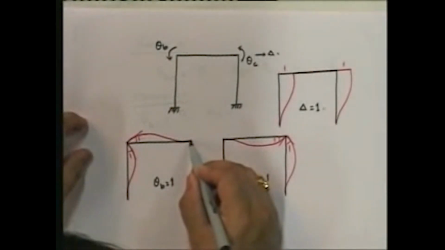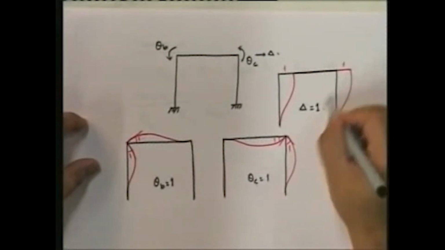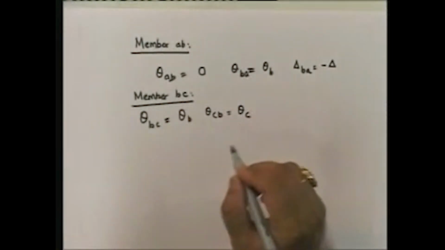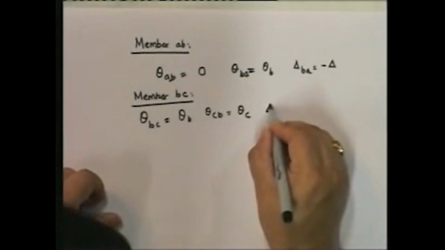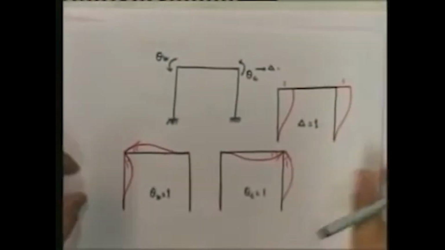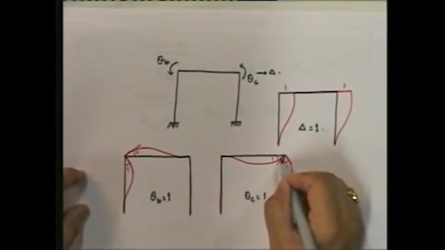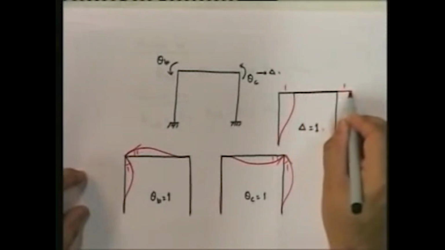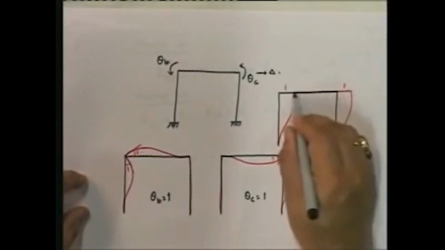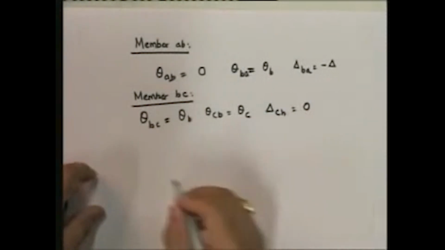Theta CB is equal to 0 into theta B plus 1 into theta C plus 0 into delta. So it's equal to theta C. Similarly, delta CB, C relative to B, is 0 theta B plus 0 theta C plus 0 delta. Note that C has to move this way for it to be positive delta, so delta CB is equal to 0.